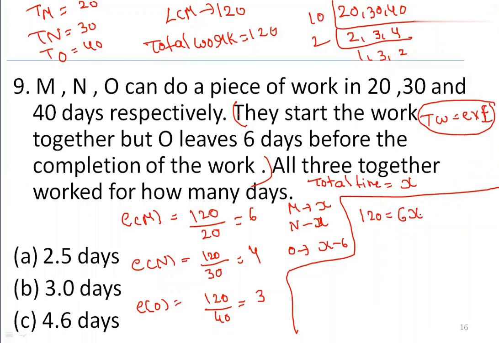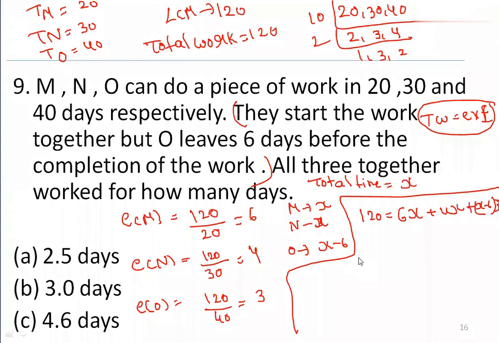So 6x is the work done by M. Next value is N. N was there in the work for X days with efficiency of 4. So that is 4x. And the last one, O was there in the work for X minus 6 days and O's efficiency is 3. Keeping that in mind, try solving the question.